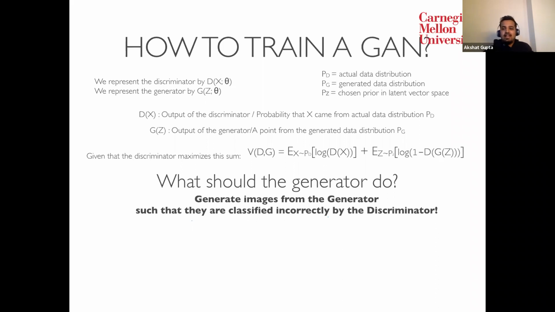Let me know if you don't agree with this. If I were to translate this statement mathematically, it means that d of g of z should be maximized. G of z is the output of the generator, and we want the discriminator to classify it incorrectly, which means the discriminator should call this 1, so d of g of z should be maximized.